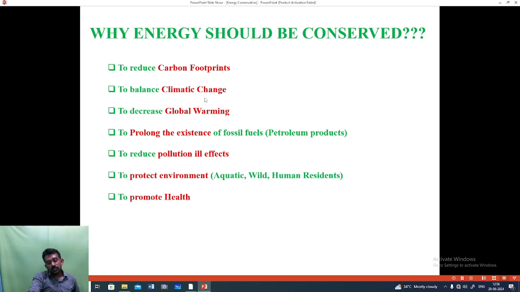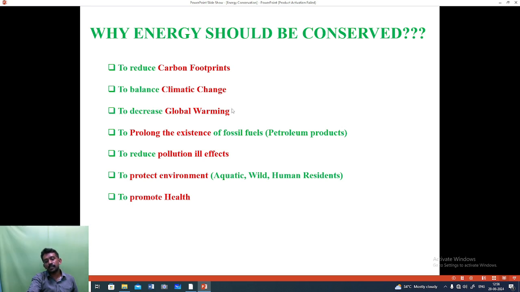So for this we have to conserve energy to balance climatic change. Before speaking about balancing climatic change, we have to speak about the decrease in global warming. Carbon dioxide and other CFC emissions, through burning fuels or refrigerants, cause global warming, the heating of the earth. As the heating of the earth increases, the radiation emitted from the sun adds to this global warming and makes the climate warmer for humans to feel.